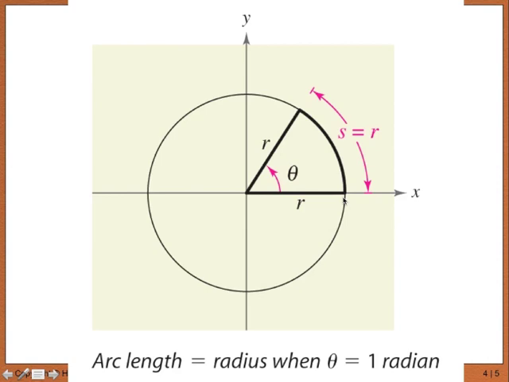And no matter what circle you have, no matter how small or big your circle is, when you have such a pi wedge for which radius equals arc length, the angle it makes will always be 1 radian. Now this is what a radian is by definition.